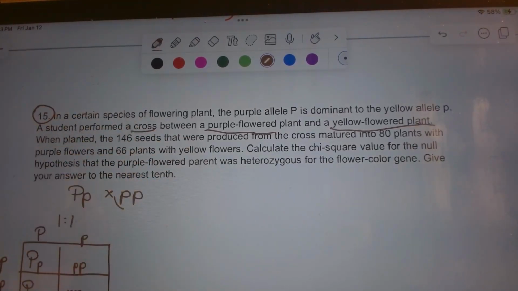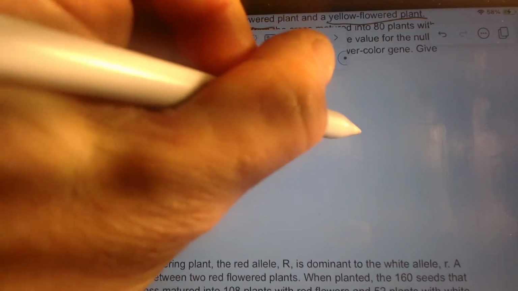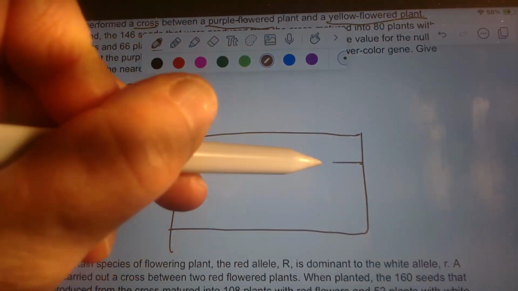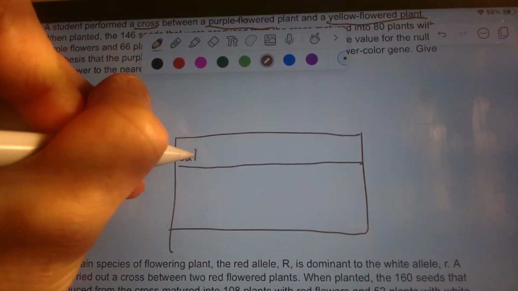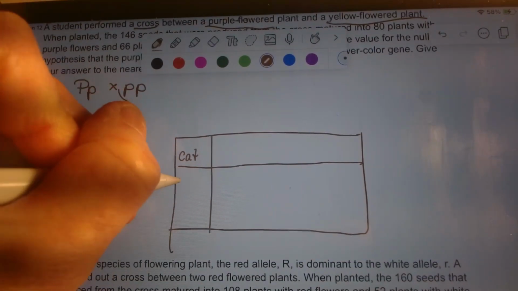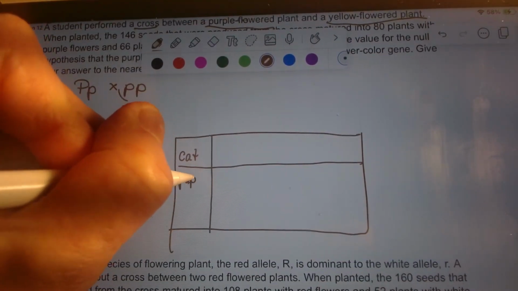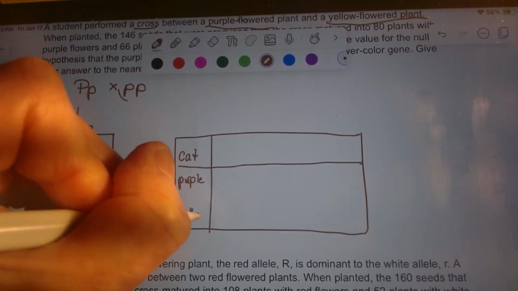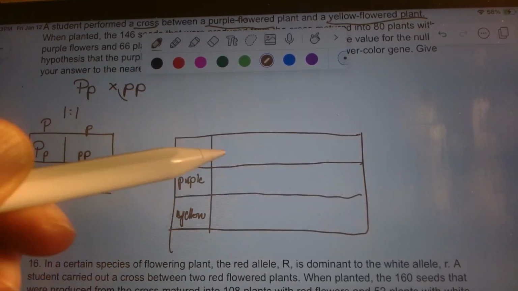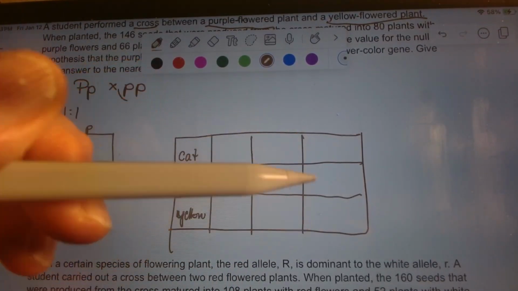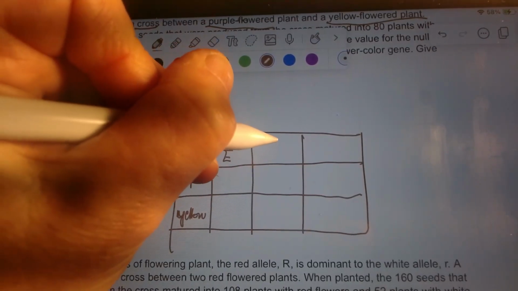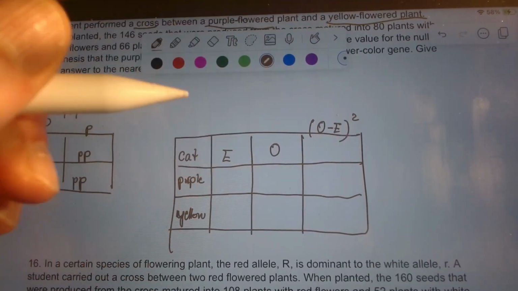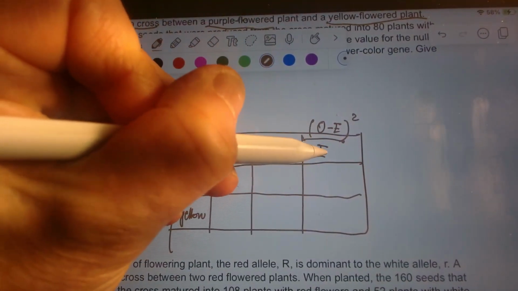Now, let's do the chi-square test. This will be the categories. Either it will be purple or yellow. We have to just get the expected and observed values, and O minus E squared divided by expected values.